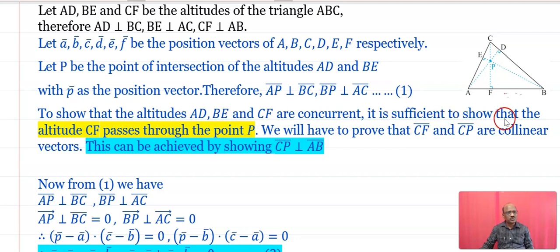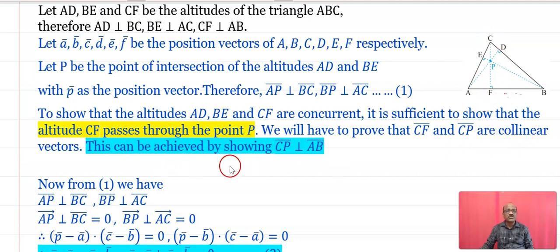To show that the altitudes AD, BE, CF are concurrent, it is sufficient to show that altitude CF passes through the point P. This we want to prove. The same consideration is explained in the 9th standard geometry, additional properties of the triangle. We will have to prove that CF and CP are collinear vectors.